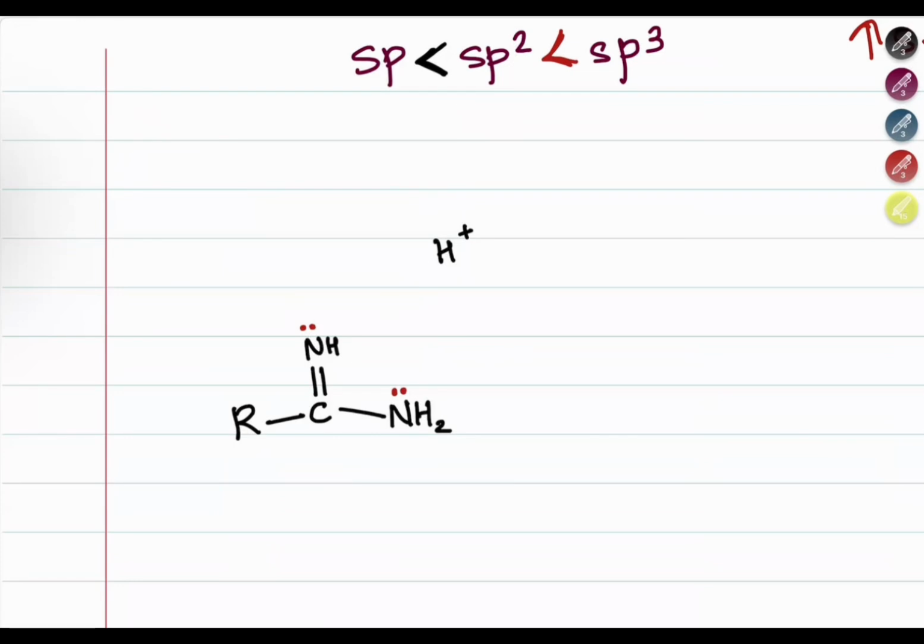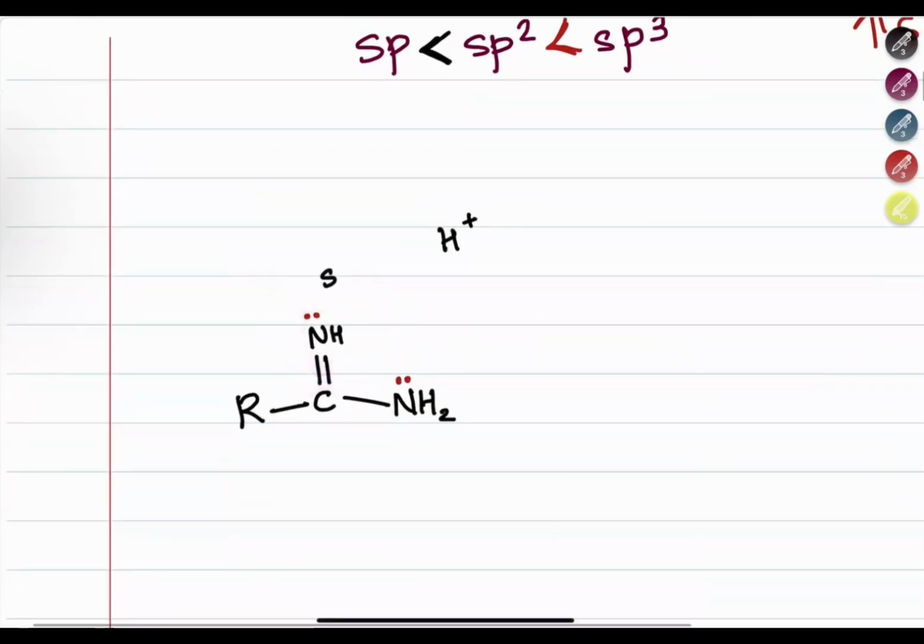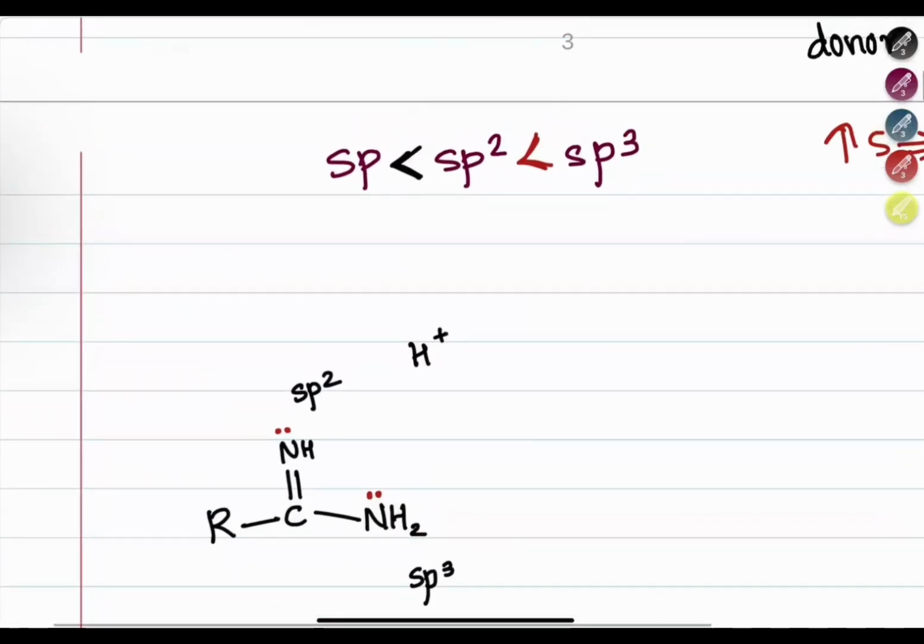So again, if you look at the hybridization, here this nitrogen has a double bond, so it is sp2 hybridized, and this nitrogen has only single bonds, so it is sp3 hybridized. In the last question, we saw that sp3 has more donor ability compared to sp2.